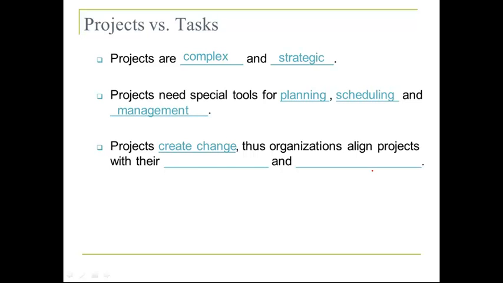Thus, organizations align projects with their investment policies and management intentions. Okay? So now, to compare that versus tasks. Can I go to the next slide?